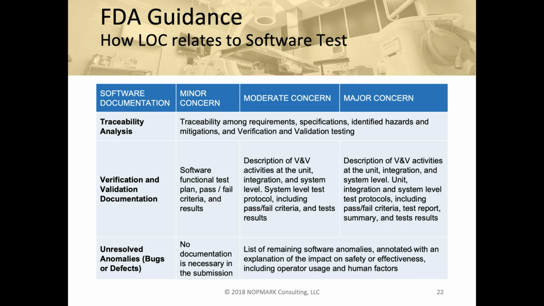One of the requirements, once you have that moderate or major level of concern, is that you're required to have a very formal bug tracking process where you look at the impact on the safety and effectiveness of each bug. So it's not just, okay, here I have a defect and I'm going to defer it.